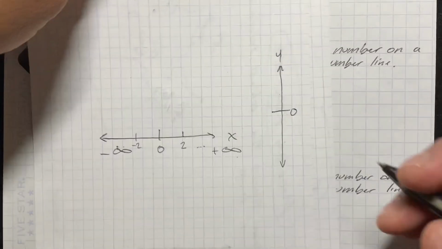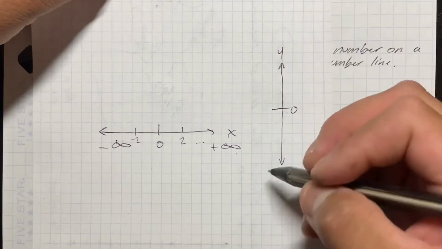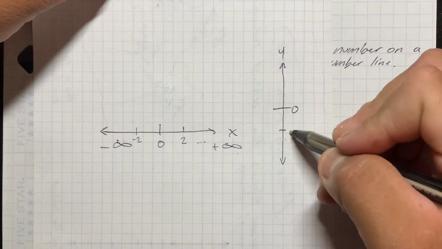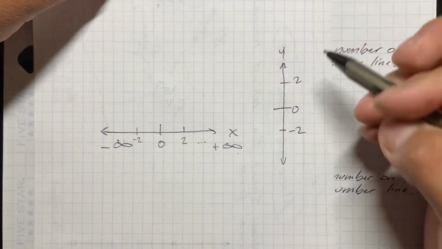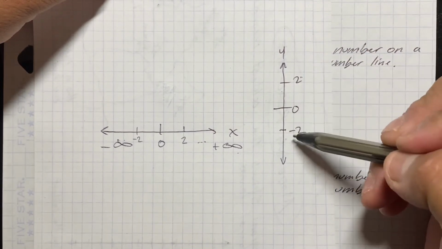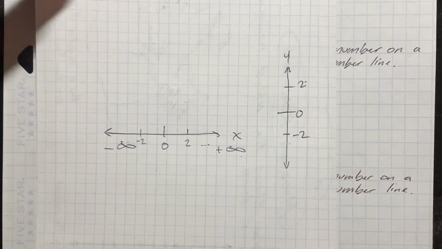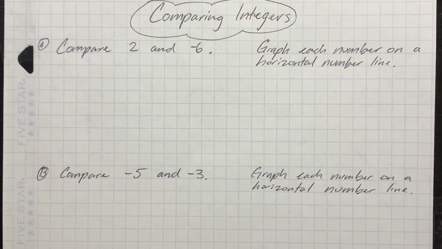The same concept applies to the vertical axis, called your y-axis. Now let's say this is -2 and this is +2. +2 is greater than -2 because it has a much higher value. The worth is more.